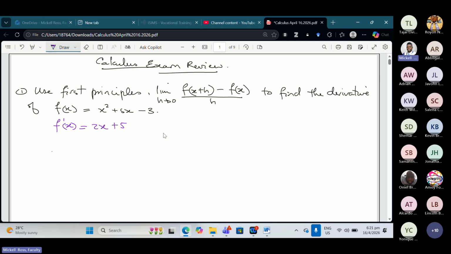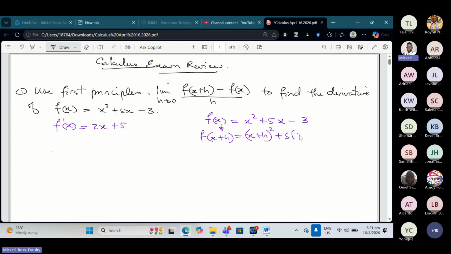All right. So f of x we're already given. So we need to find f of x plus h. So be mindful that f of x is equal to x squared plus 5x minus 3. So if we have f of x plus h, it means that anywhere we see x, we're going to put x plus h. So we're going to have x plus h all squared, because we see an x there.